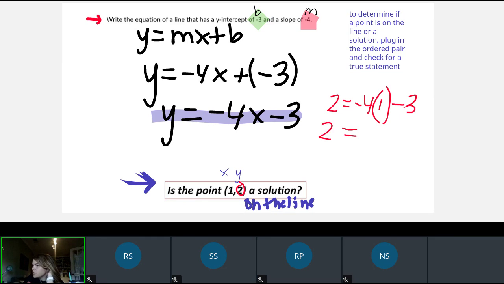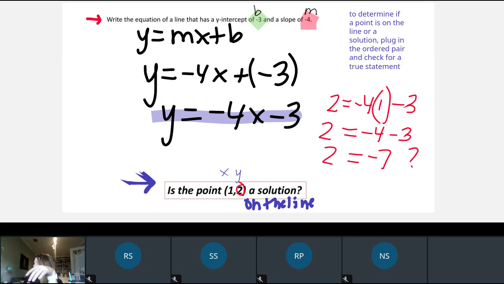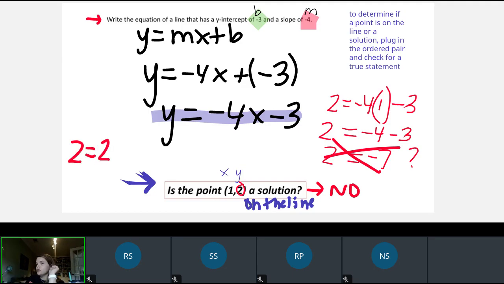So 2 equals -4 minus 3. 2 equals -7. Is this a true statement? Is 2 the same thing as -7? It is not, right? 2 does not equal -7. So therefore, is that point on the line? No. If we would have gotten the answer 2 equals 2, then it would have been on the line.